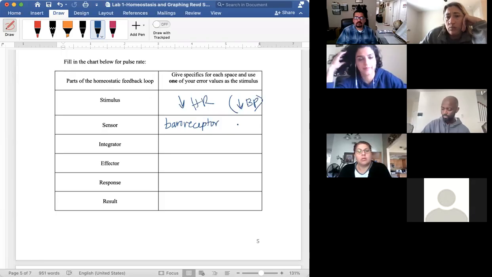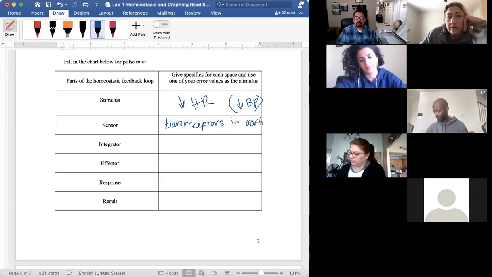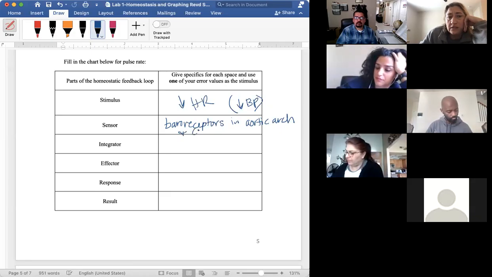So Mary, one of the things is, and I couldn't quite understand you, but you need to be careful. We're not concerned with where we take pulse. We're concerned with where these baroreceptors are located. And so baroreceptors are located in the same spot that the chemoreceptors are located. So baroreceptors in the aortic arch and carotid sinus.